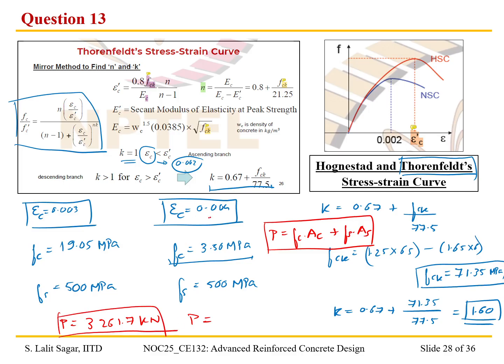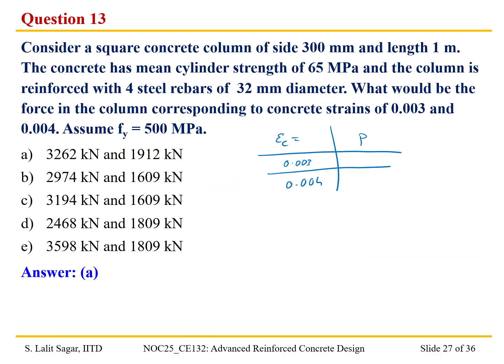And for epsilon c is equal to 0.004, we get the value of P as 1912.2 kilonewton. Kindly practice this at a later time, and please verify that you're also getting the same answers. Right? So out of these options, option A is the correct answer.